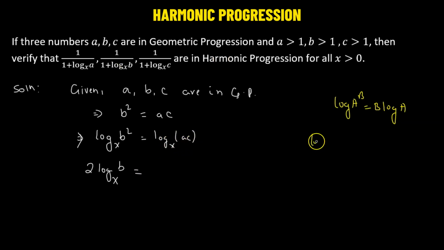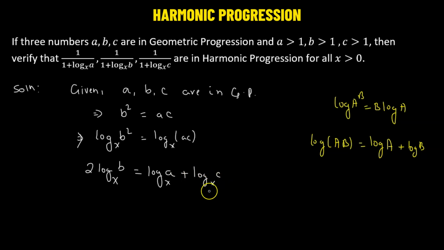There is a property that means if we have log of the product of two numbers a and b, this can also be expressed as log of a plus log of b, provided all of them have the same base. That means log of AC will be log of A with a base of x plus log of C with a base of x.